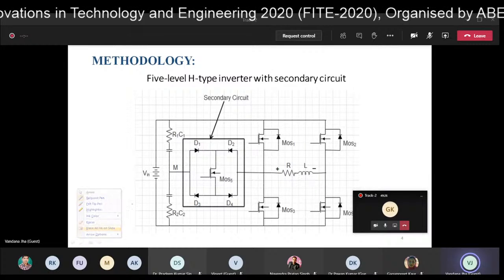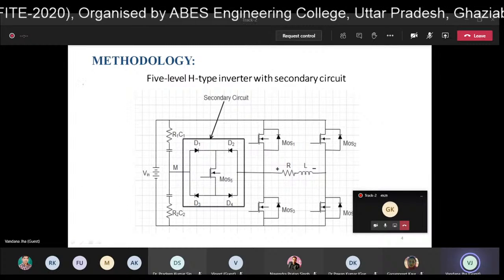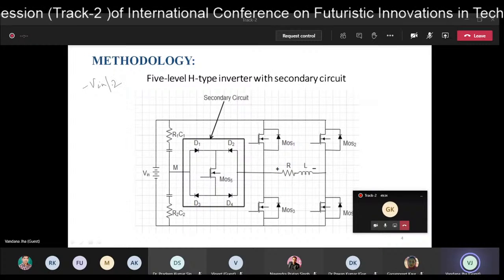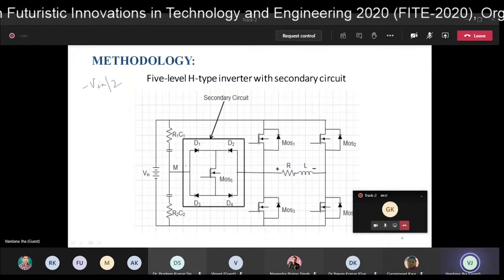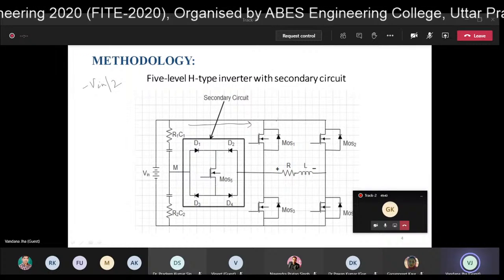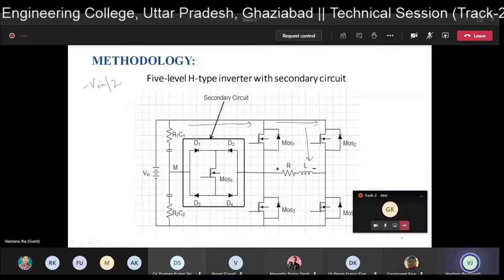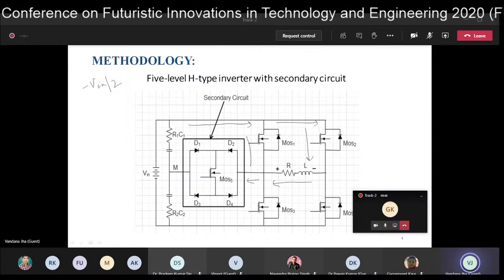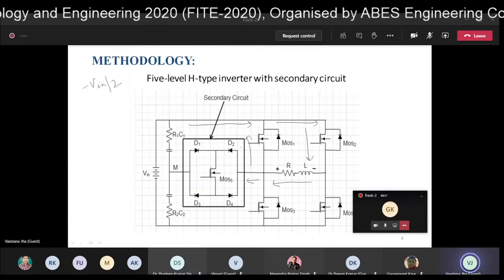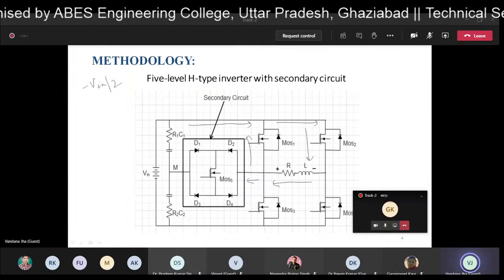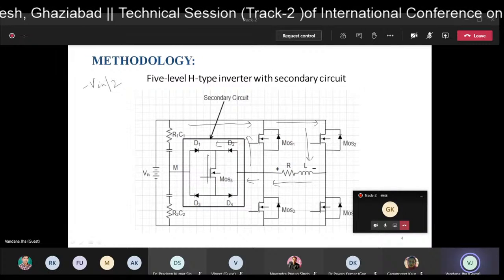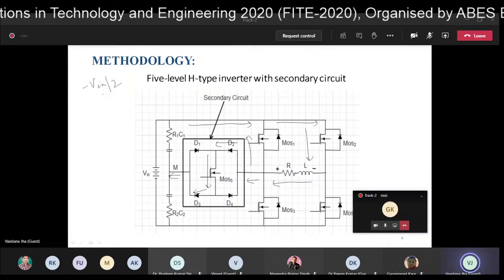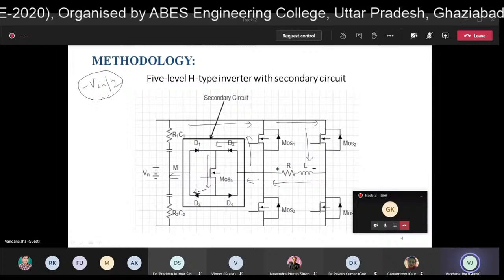Then for the fourth mode of operation, we have to produce the voltage minus V in by 2. The direction of the current flow is as shown, passing through D2, and across the load the voltage we get is minus V in by 2.